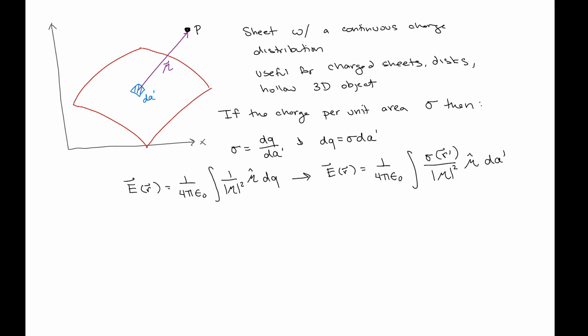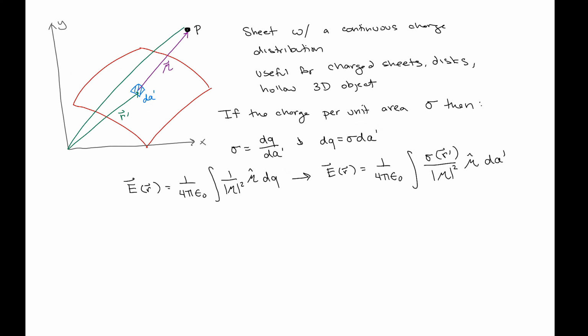I'll draw a little coordinate system here just to remind you of why that is. This is going to be our r prime because this sigma formula is telling you how the charge is spread out throughout the sheet. That depends on the location of the sheet, not the location of where you're calculating the electric field.